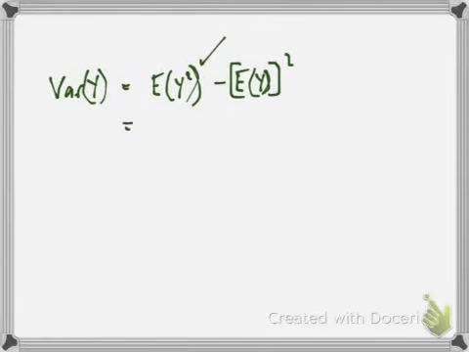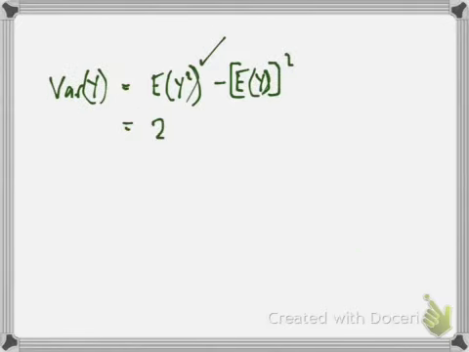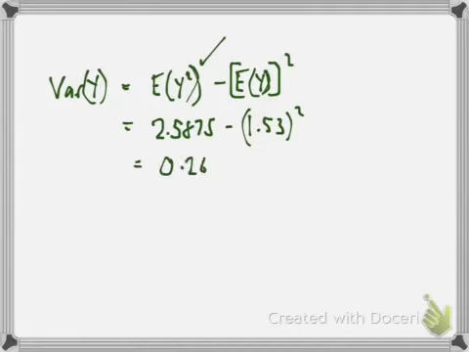So now we can apply our formula. It's going to be 2.5875 minus the square of E of y, which is 1.53 squared. That's going to be 0.261875.